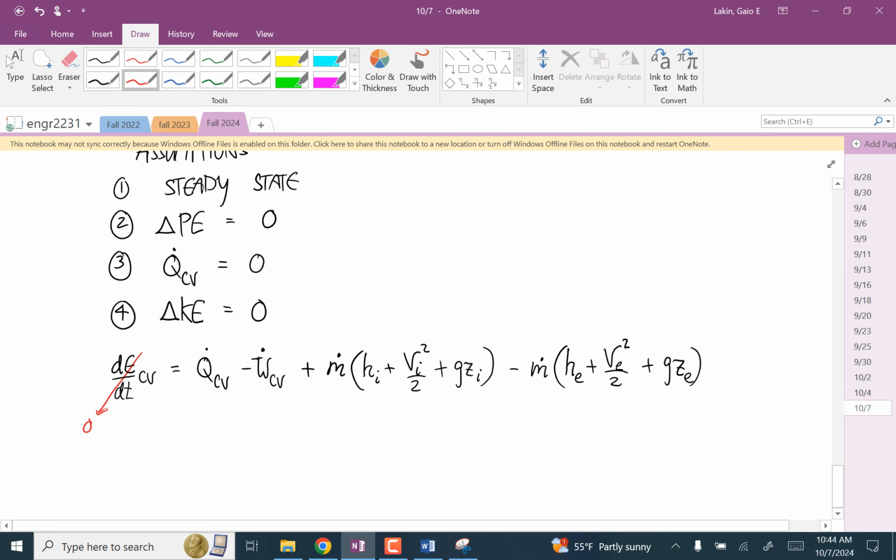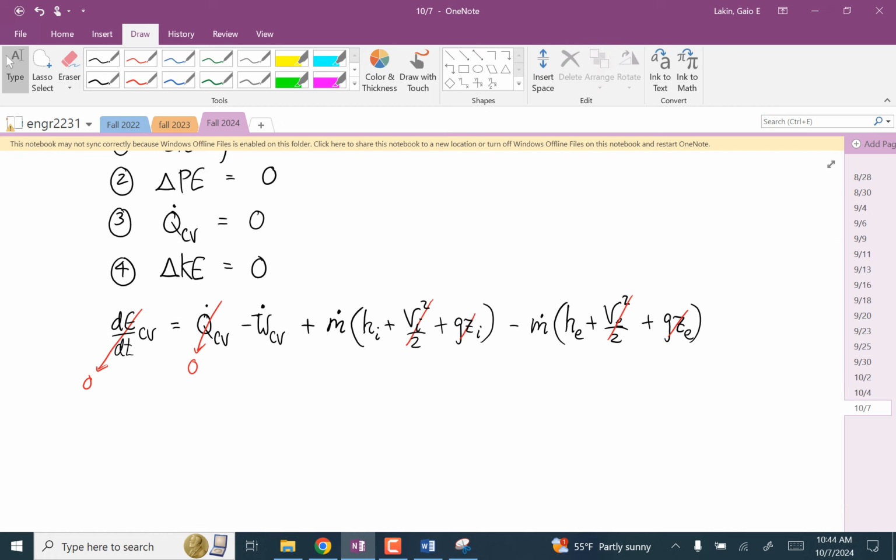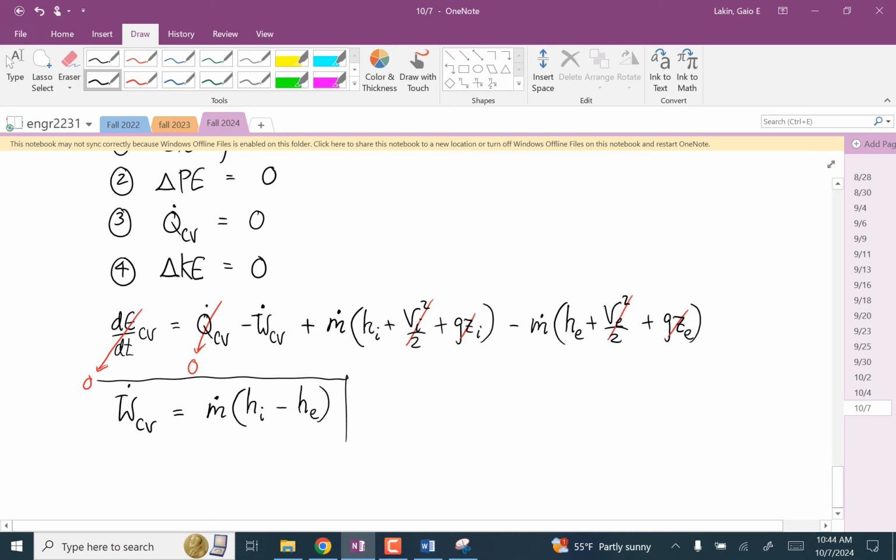This goes away. There's no heat transfer. The kinetic energies cancel. The potential energies cancel. And we get an equation: W dot for the control volume is equal to m dot times the quantity hi minus he. Okay, so there's the simplified form.